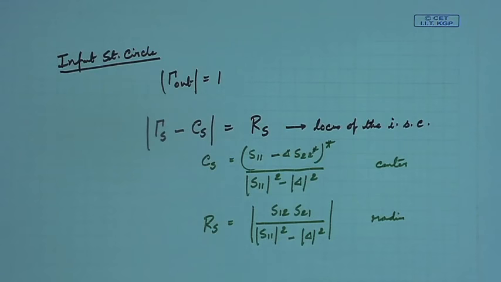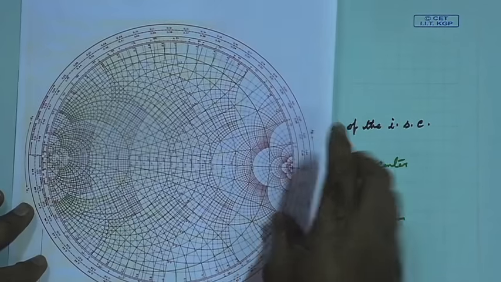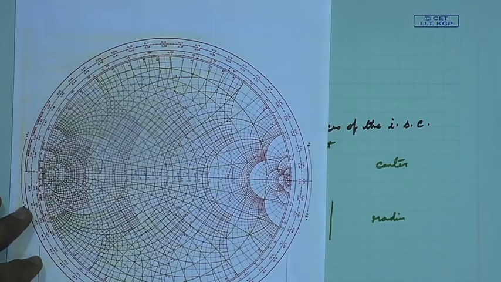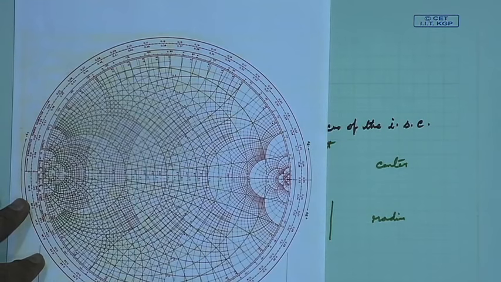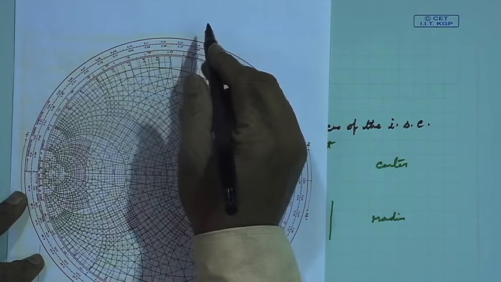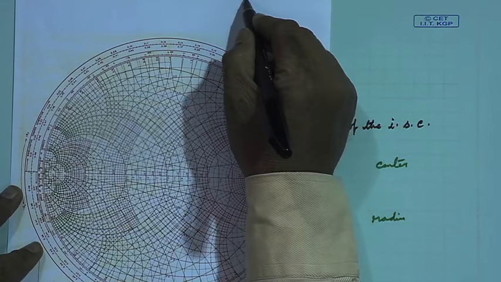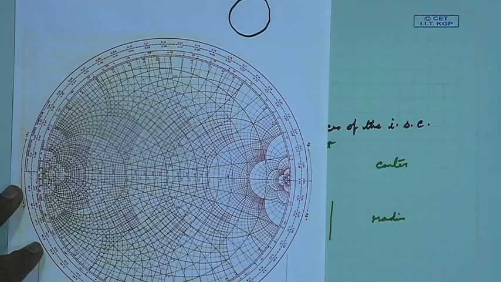Now, what these circles do: if I have a Smith chart like this, then for the stability circles there are various choices. One thing can be that the stability circle is completely outside.